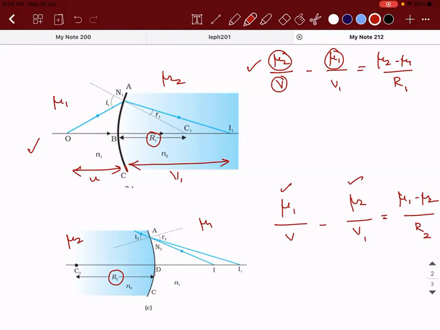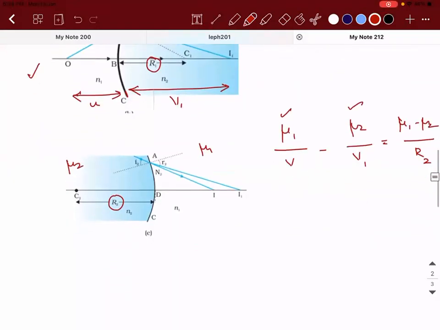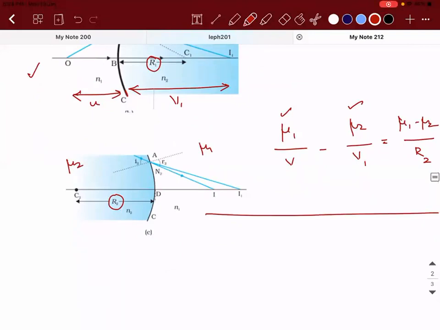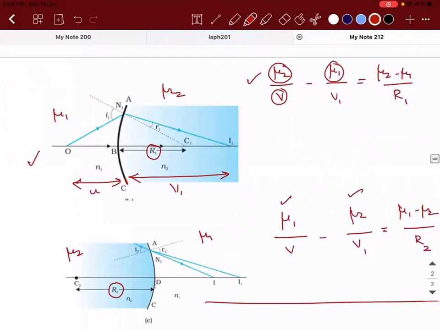So mu2 by V1 minus mu1 by U is equal to mu2 minus mu1 by R1, and mu1 by V minus mu2 by V1 is equal to mu1 minus mu2 by R2. Now what I will do, I will add both the equations so that what is going to get cancelled? Sorry guys, mu2 divided by V1, so that is the image, minus mu1 divided by U. So here also it is mu2.